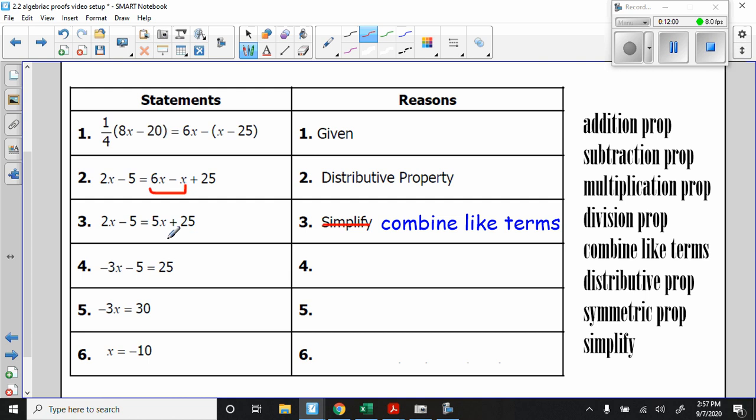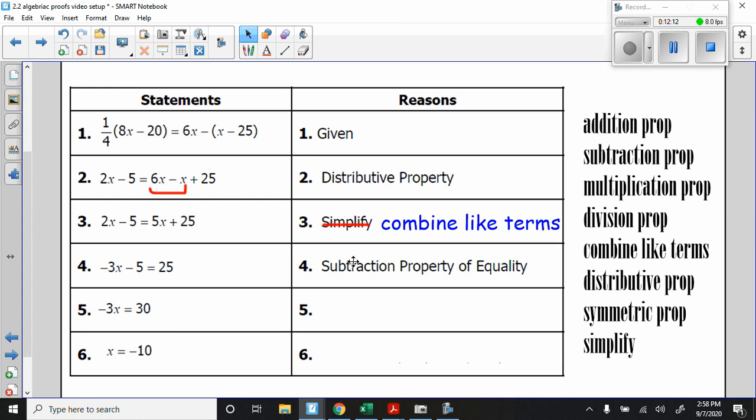So on this problem, they subtracted 5x from both sides, and that would get you that -3. So 2x minus 5x gets you that -3. So here we would have the subtraction property of equality because I subtracted 5x from both sides. That's why it says of equality.